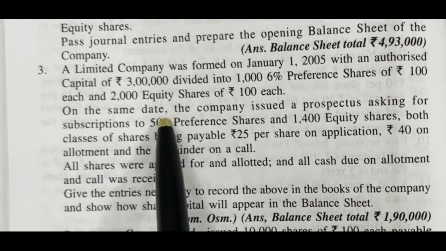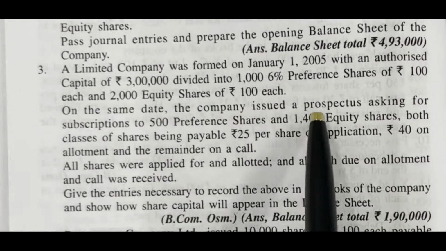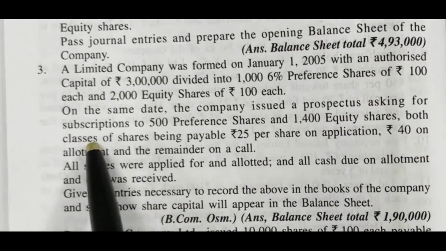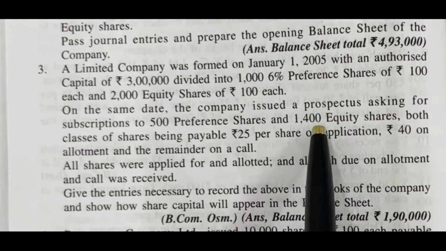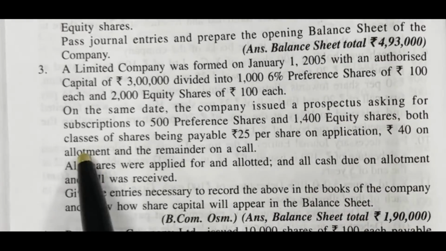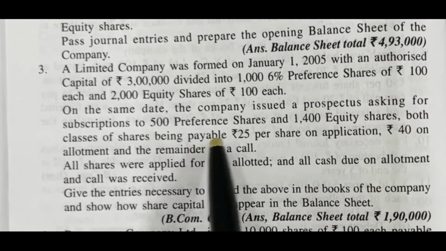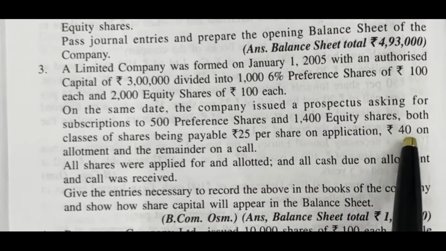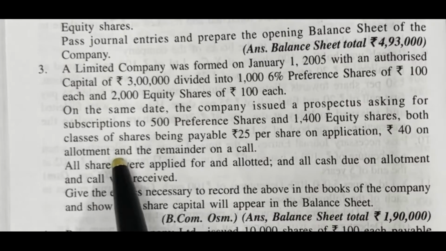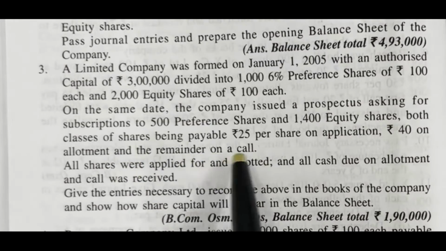On the same date, the company issued a prospectus asking for subscription to 500 preference shares and 1400 equity shares. Both classes of shares being payable 25 rupees per share on application, 40 rupees on allotment, and the remainder on call.